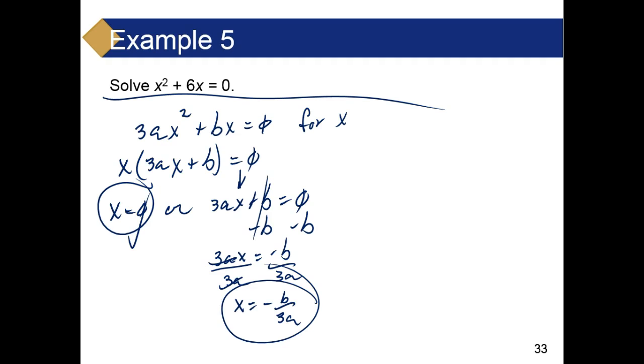You want to plug that in? Check it? Oh, sure you do, don't you? It's a little more difficult, but it's doable. It would be 3a times, when you square this, you get a positive b squared over 9a squared. Well, the 3 will go into 9 3 times, and the a will go into a squared a times.